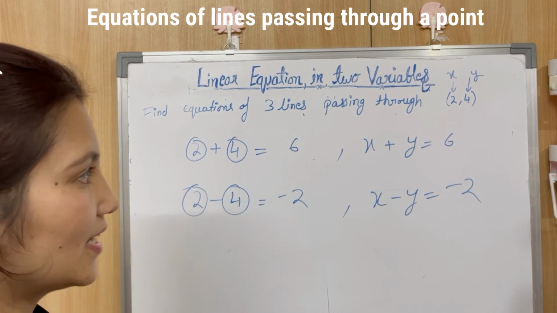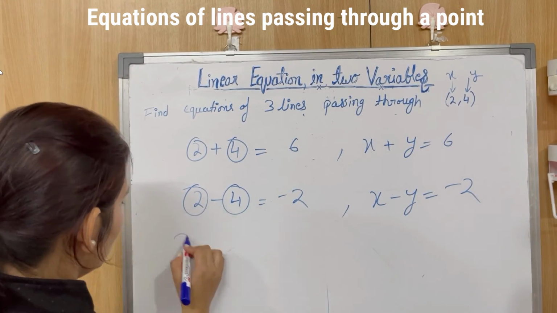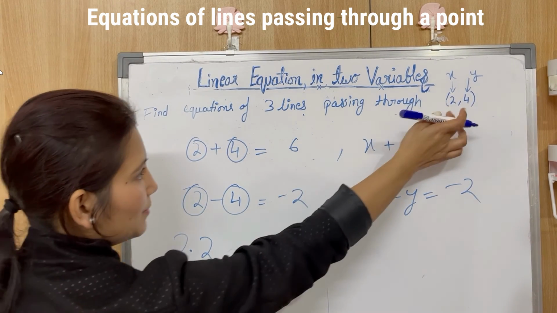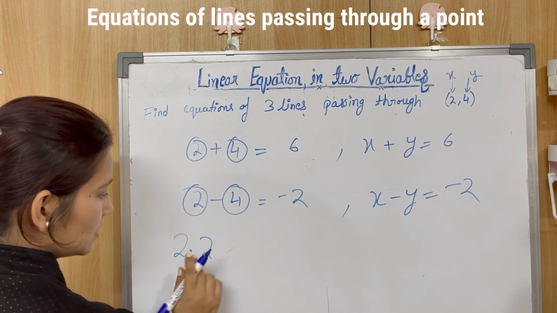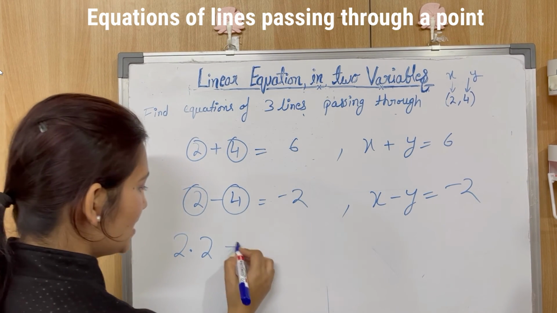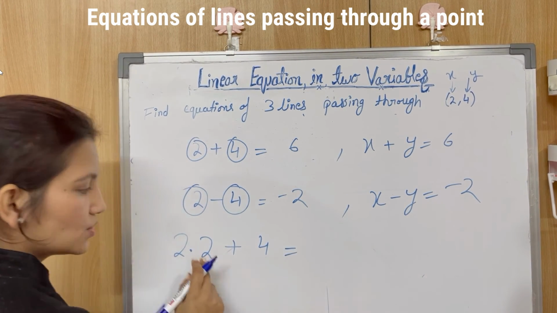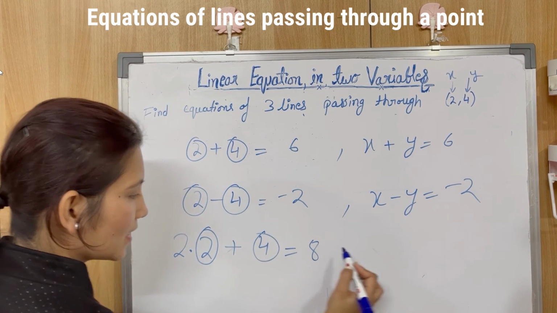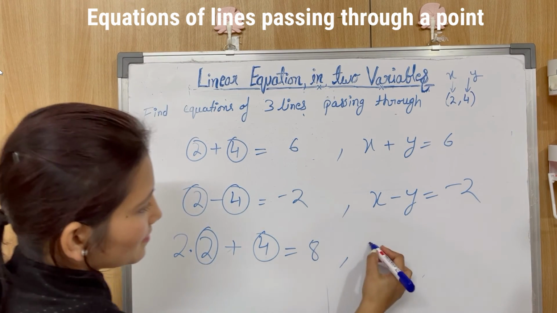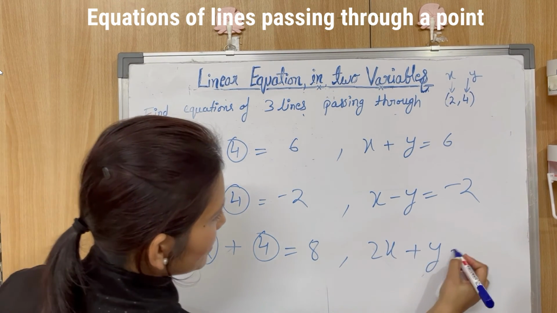Okay, now let's take another case. 2 into 2. I'm using these numbers, right? I'm using these numbers in these equations. So 2 into 2 plus 4. 2 into 2 is 4. 4 plus 4 is 8. Okay, so this is x and this is y. It means 2 into x plus y is equal to 8.